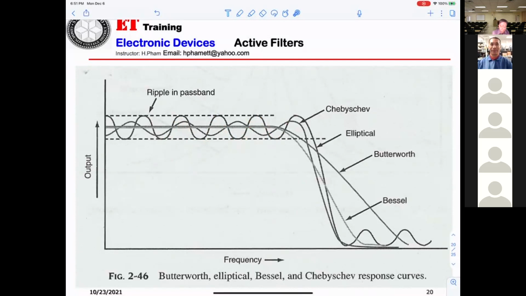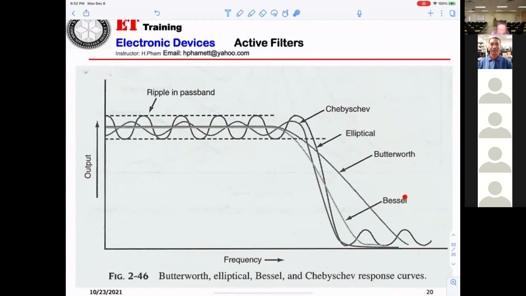So the question is, if you're looking into the different filters here, which one will be much better? And now you can tell me which one. The Bessel is the best one, isn't it? Which one? The Bessel. Right there. Yeah, right there.